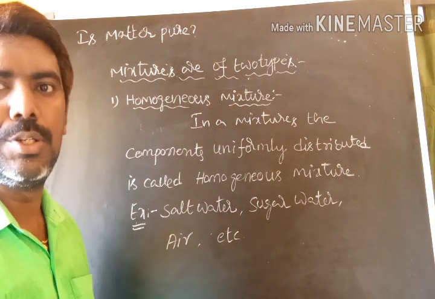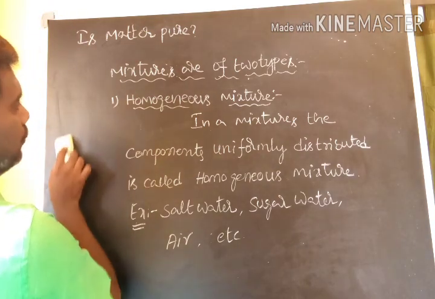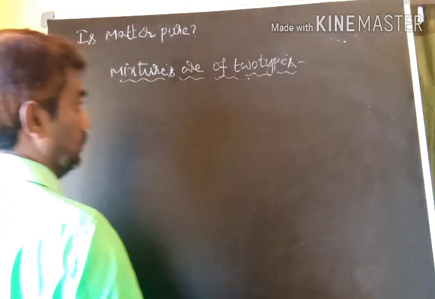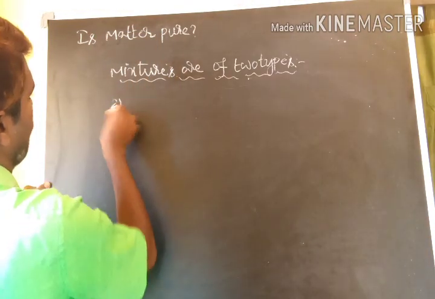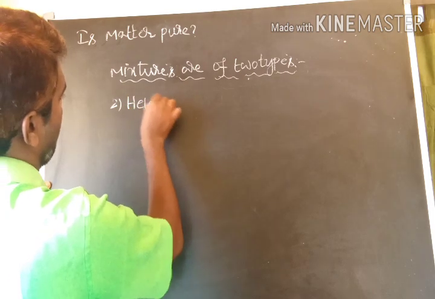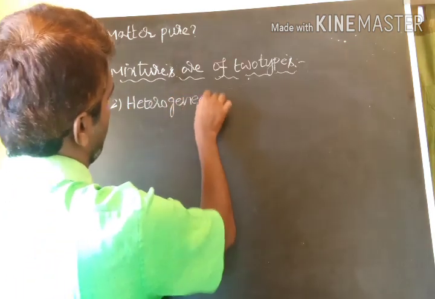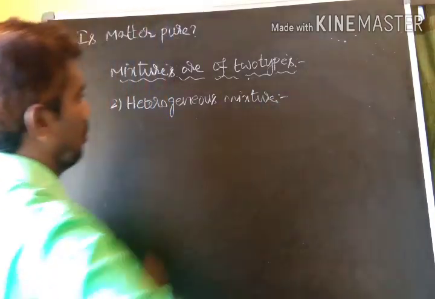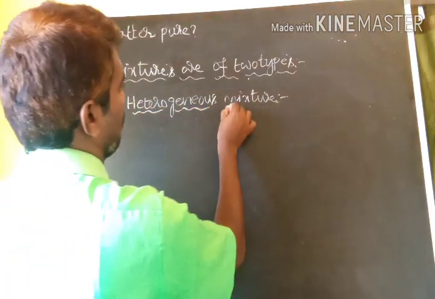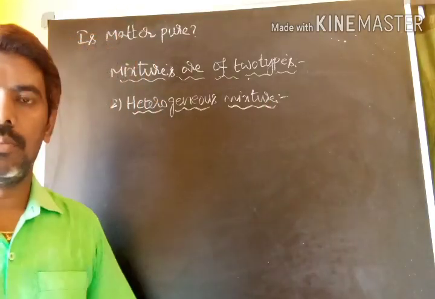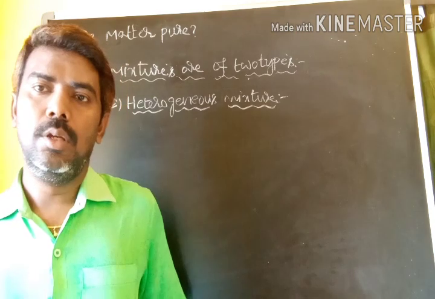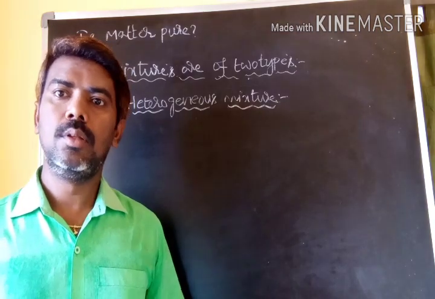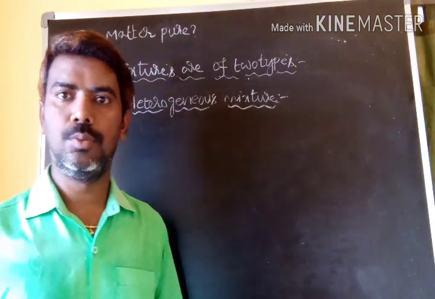Next, heterogeneous mixtures. A heterogeneous mixture is nothing but a mixture in which the components or the substances are not uniformly distributed. Then they are called heterogeneous mixtures.